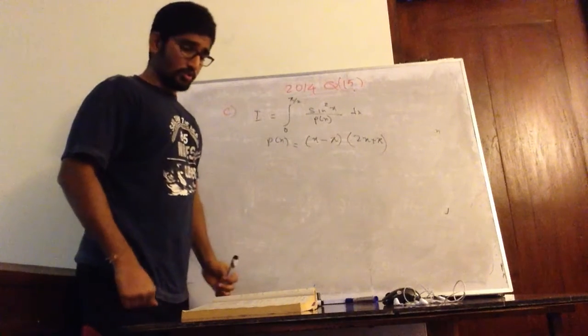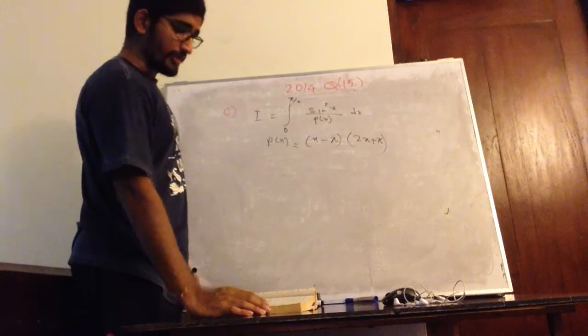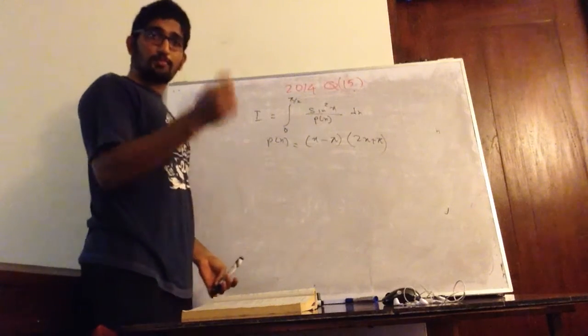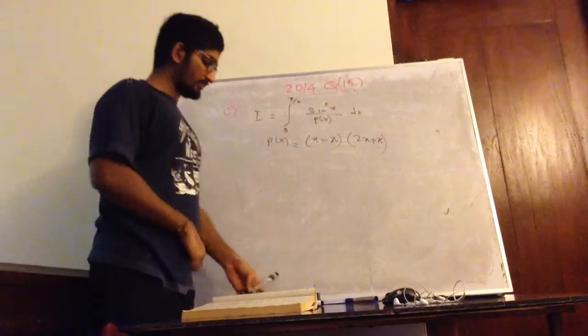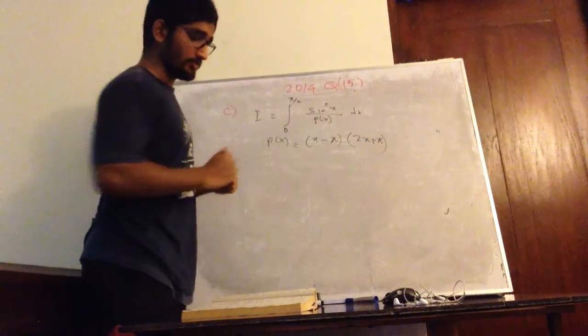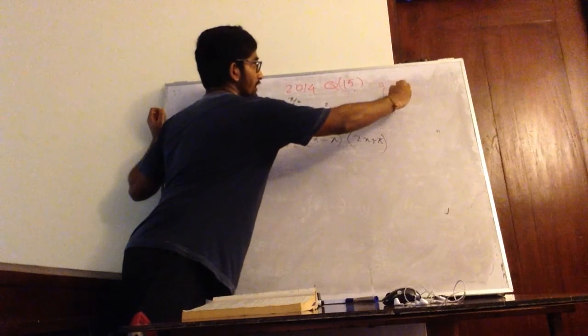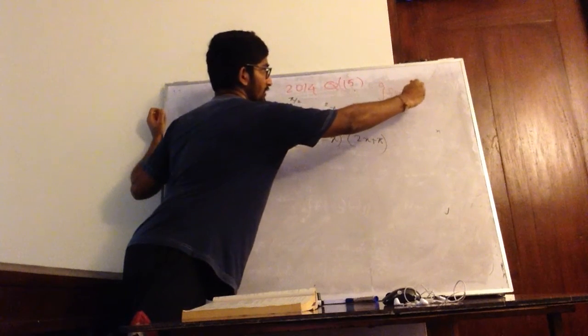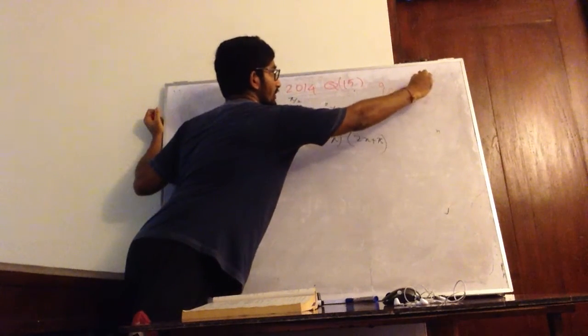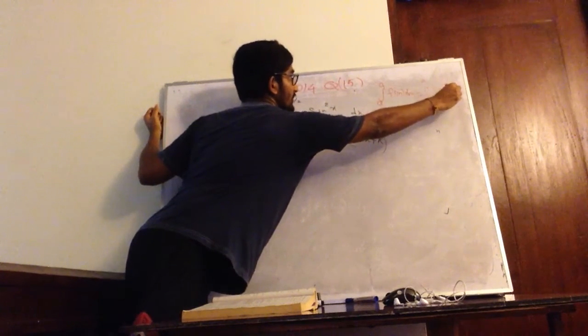Now they are asking from the previous result. What is the previous result? The previous result is this one: the integral from 0 to a of f(x) dx is equal to the integral from 0 to a of f(a minus x) dx.